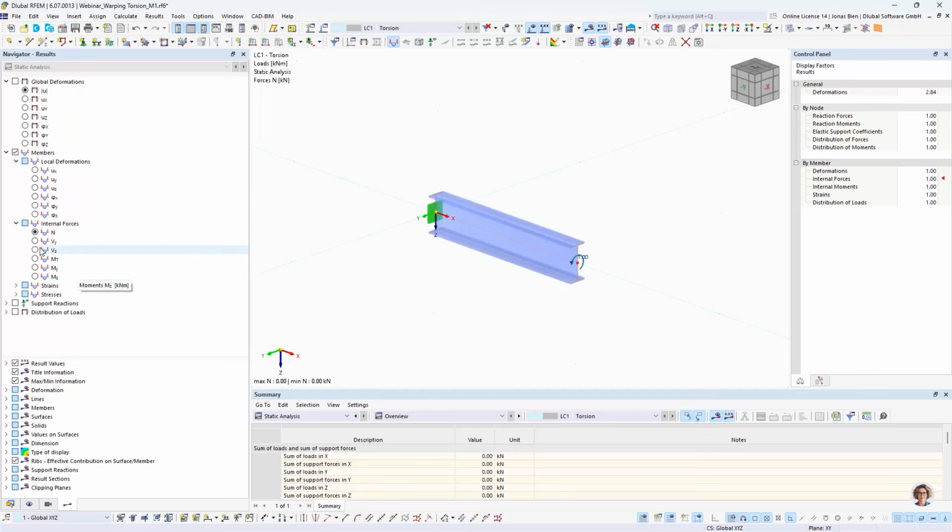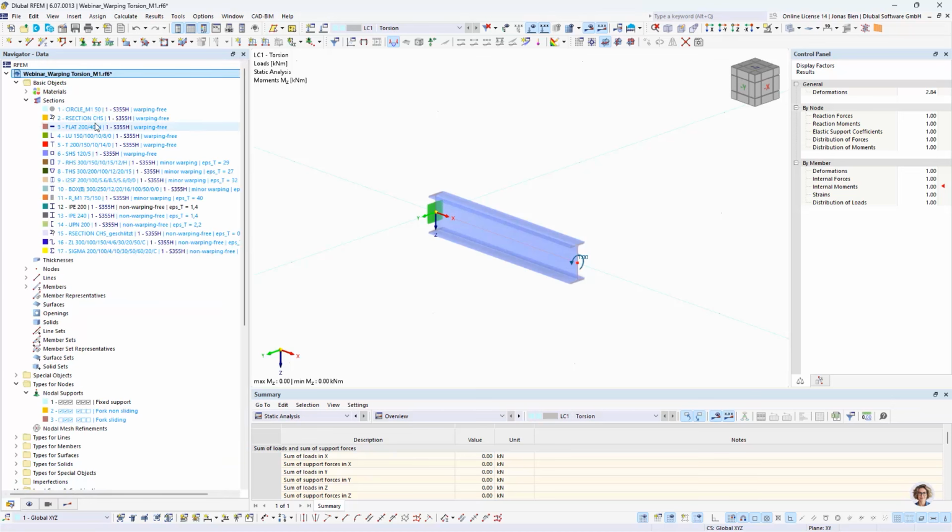And when we check those, it should only have rotation about its own member axis, the x-axis. And when we look into the internal forces, we only have a torsional moment of 1 kilonewton meter, and this is constant from one member end to the other.